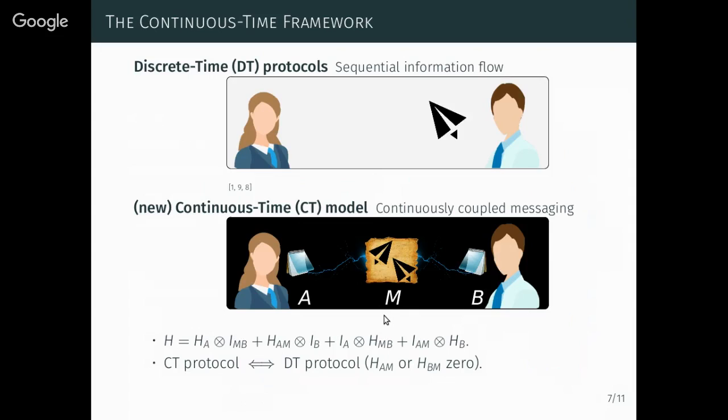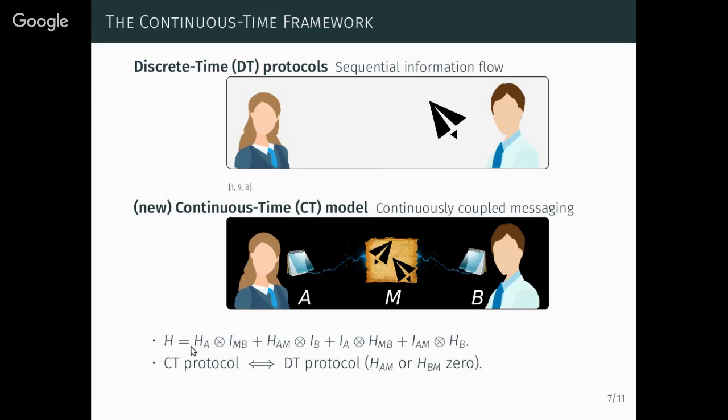Does that answer your question? Okay. What do HA and HB physically correspond to? I can think of HAM and HMB as interaction with the central device which sends information to Alice and Bob. But do HA and HB mean some kind of calculating what random number to send, or a coin flip?